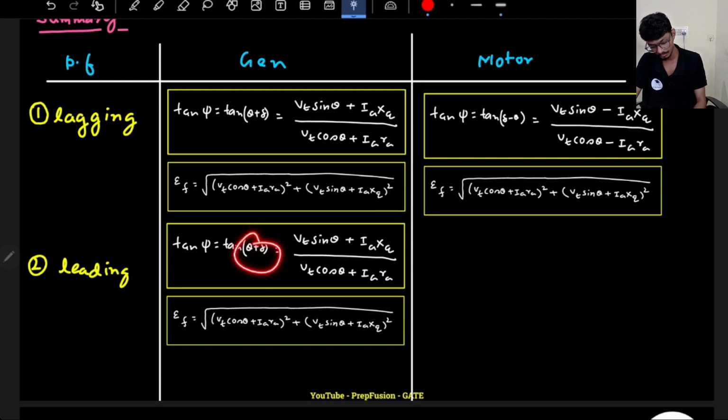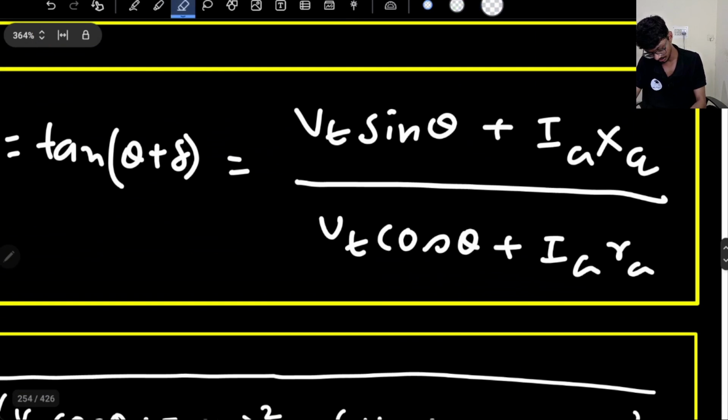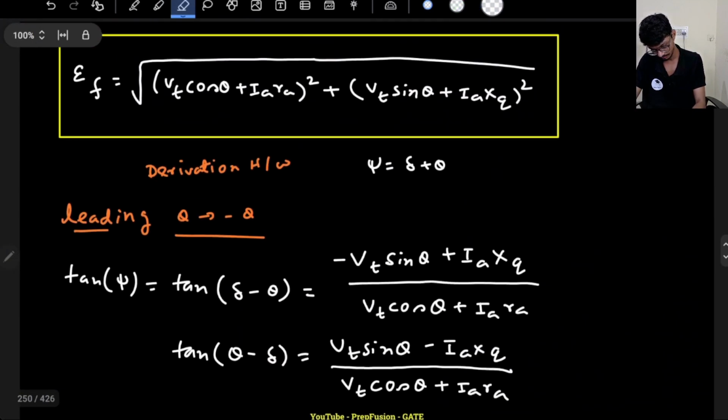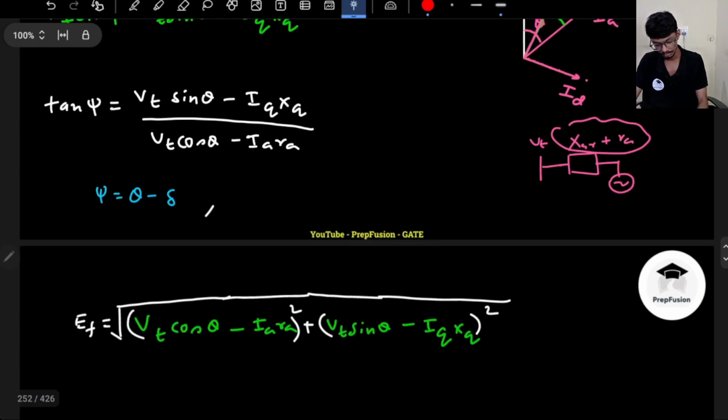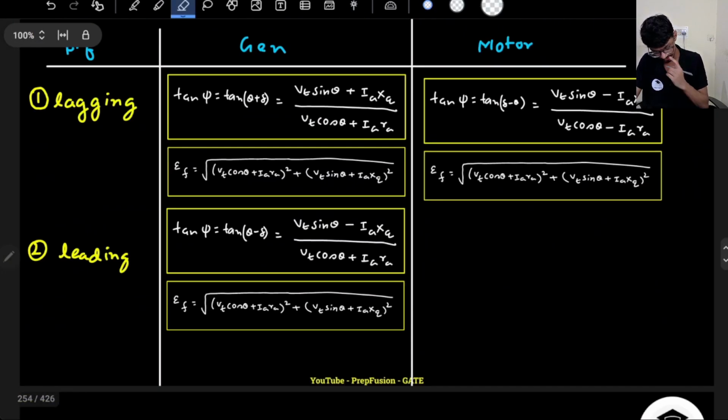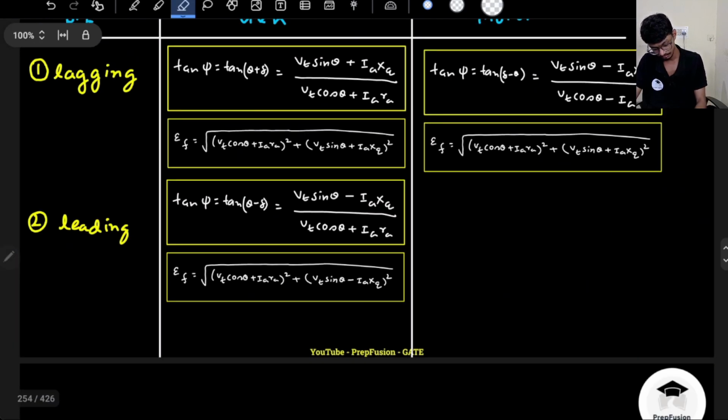If you replace theta with minus theta, this will become delta minus theta, remember. So theta minus delta here. This has become theta minus delta, and this will be simply negative here. Everything else will remain the same. This will be negative, that's it.